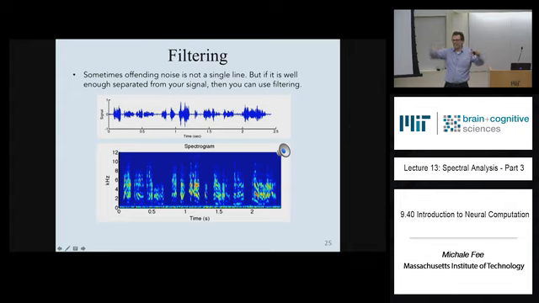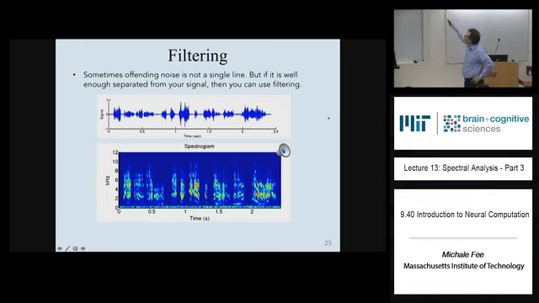Air conditioners, air handling, it all makes this low rumbling, which adds a lot of noise to the signal that can make it hard to see where the syllables are in the time series.